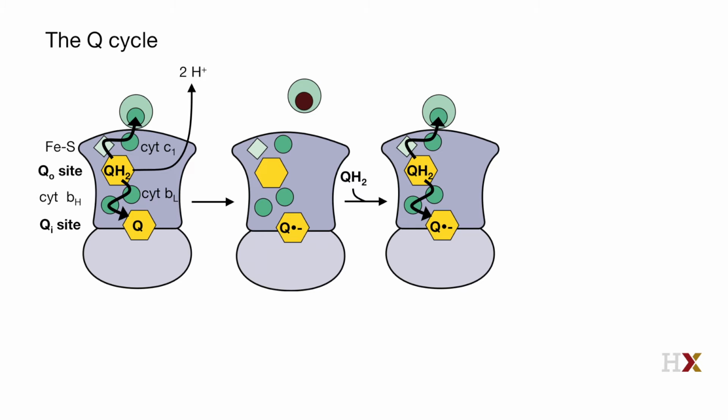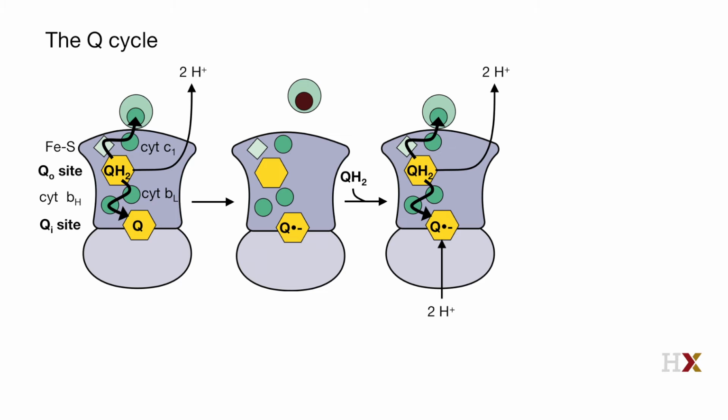And this electron plus 2 protons that are extracted from the mitochondrial matrix will form a fully reduced molecule of coenzyme Q, QH2, that is bound to the Qi site. Then the 2 protons from the fully reduced coenzyme Q that was bound to Qo will be released in the intermembrane space.